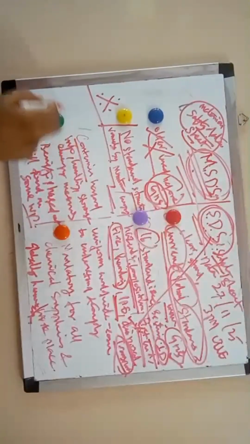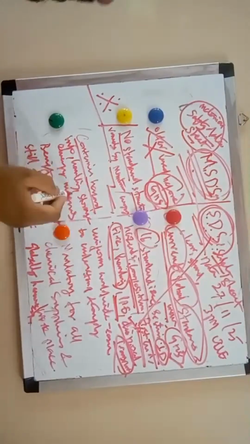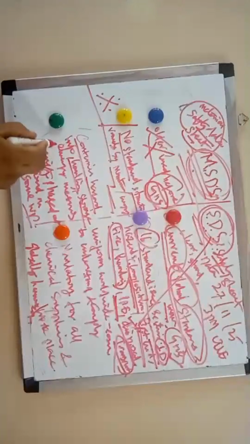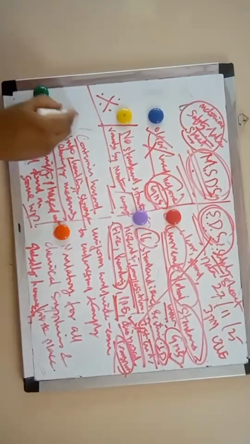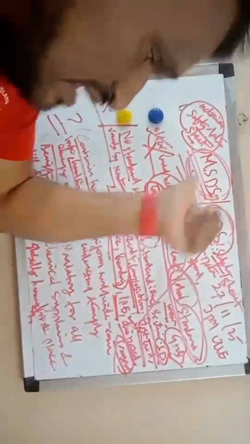Then it contains information about hazards, handling, storage, and measures in case of emergency. What will be done in case of emergency, what anyone can do. These details are available in the MSDS. But what about the SDS?